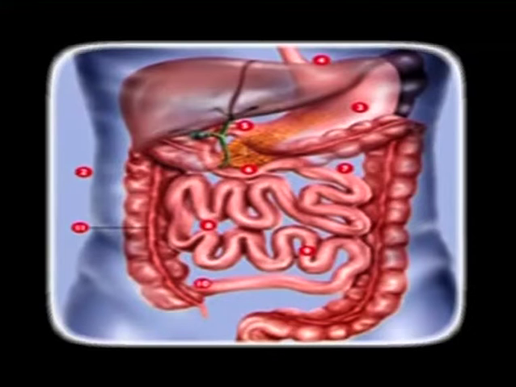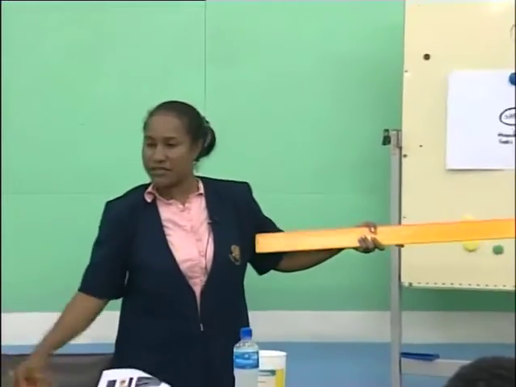All right. According to the information that we have gathered, for an adult, the average length of the small intestine is 7 meters, and that's for an adult. So I have a ruler here, and I brought some strings with me, one string.